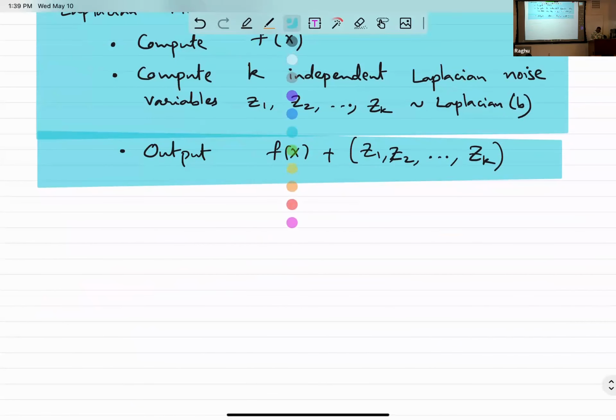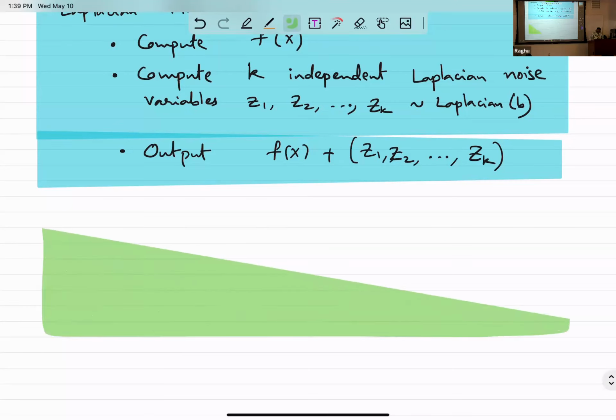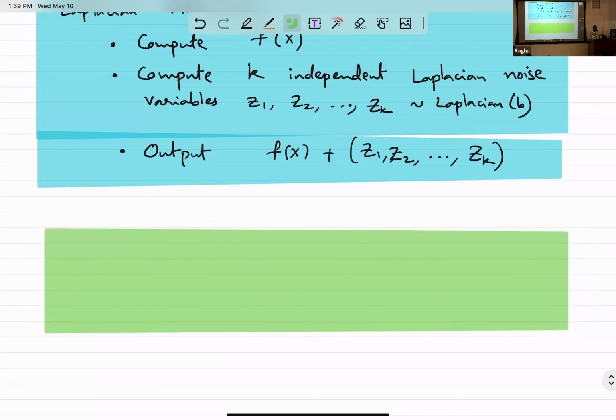And the argument which worked for the univariate case, which also worked when you have a sensitivity bound, also works for the k-dimensional case, because the probabilities are independent. When you take the ratio, everything nicely multiplies, and you get the following.